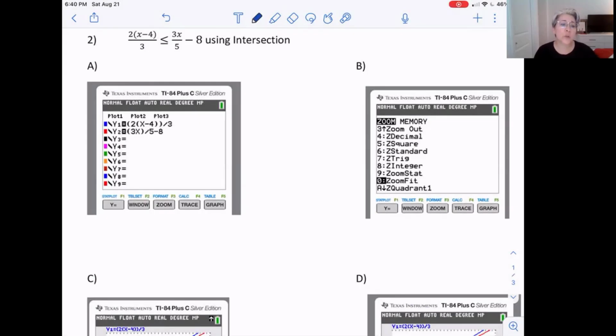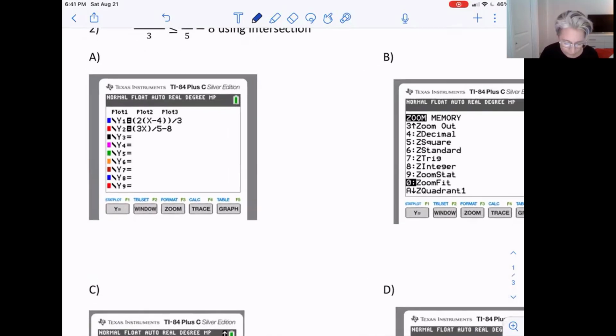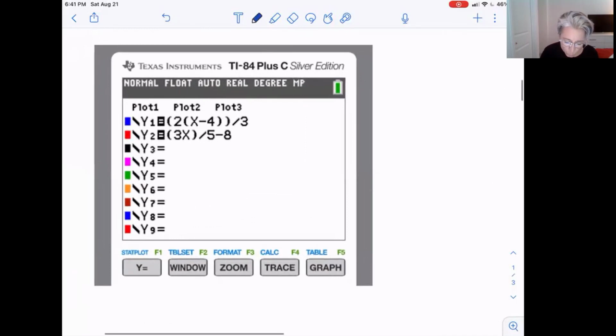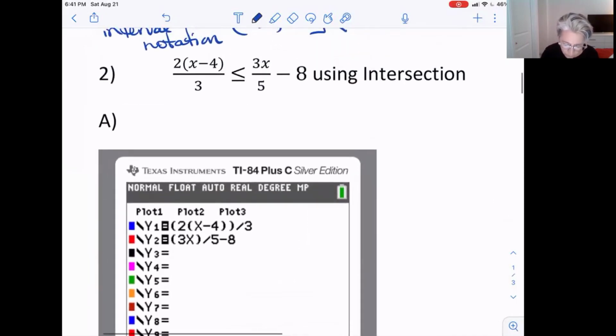So in problem 2, we're going to want to solve this inequality using what's called an intersection method. So we're going to use our graphing calculator, and I put a couple of screenshots here. On the first shot of our graphing calculator, we're going to put in the first equation that's on the left, the 2 times the x minus 4, divided by 3.